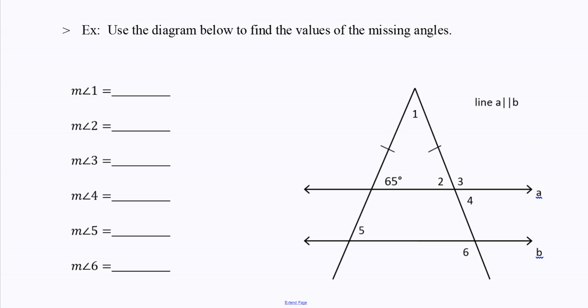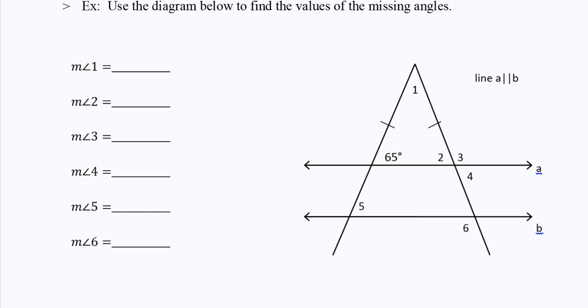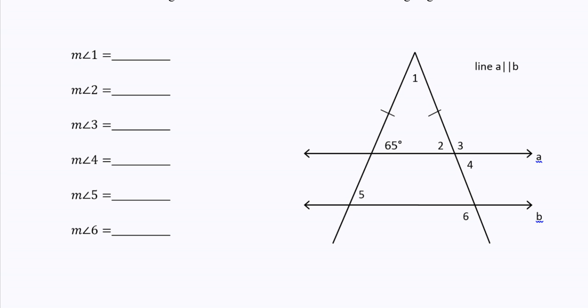So, moving right along, I can find the values of some missing angles in this picture here. Okay, I've got 2 lines that are parallel, and so let's start talking some angles. 65 degrees. Now the first thing I'm seeing is that I've got these 2 marks here, which tell me that this triangle is isosceles, and so the base angles are congruent, 65 and 2. So the measure of angle 2 must also be 65 degrees.